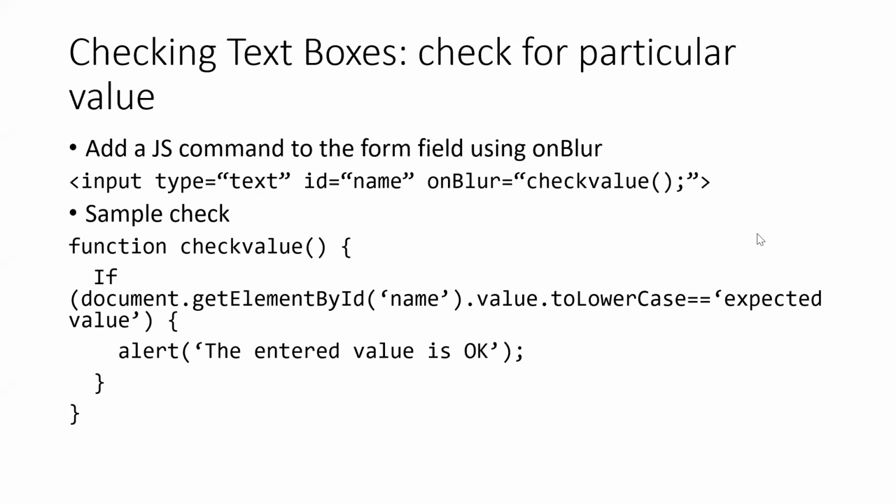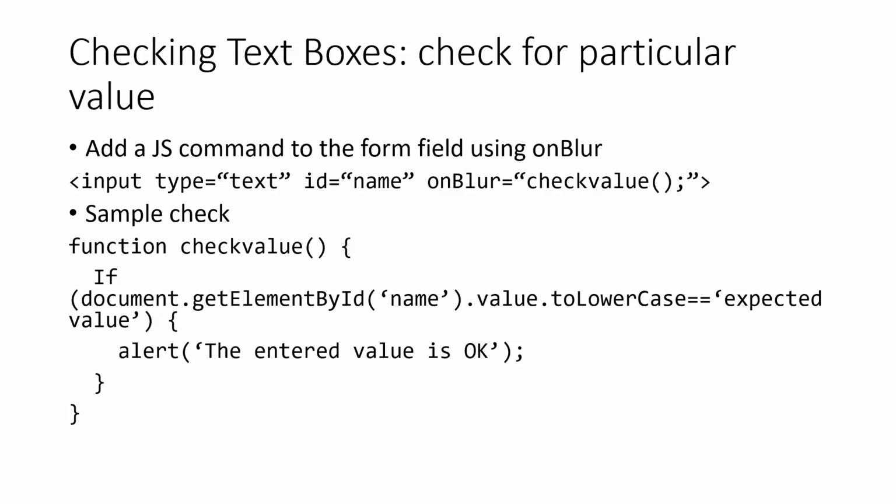So the next one, let's look at the entered value for a particular field. Let's say you are expecting some value for a text box and you check whether that value is equal. In this case, the JavaScript command is again for input type text, ID name, and on blur check value. We are providing a different function with this type, and within that we will see whether what is entered is what is expected.